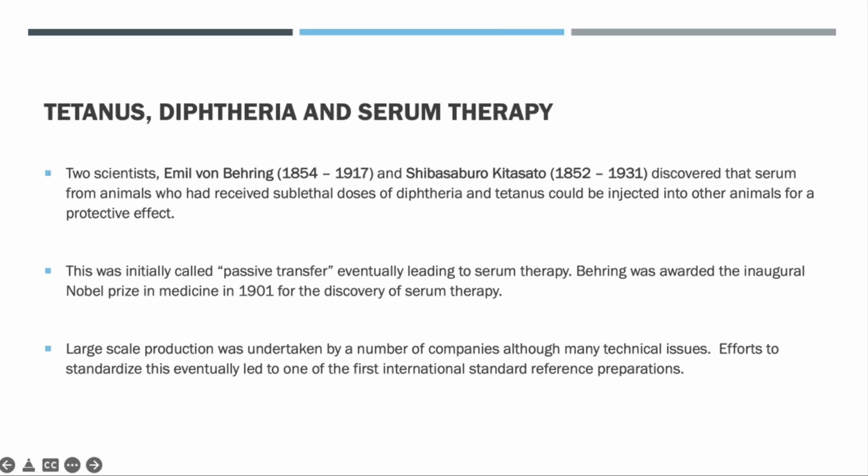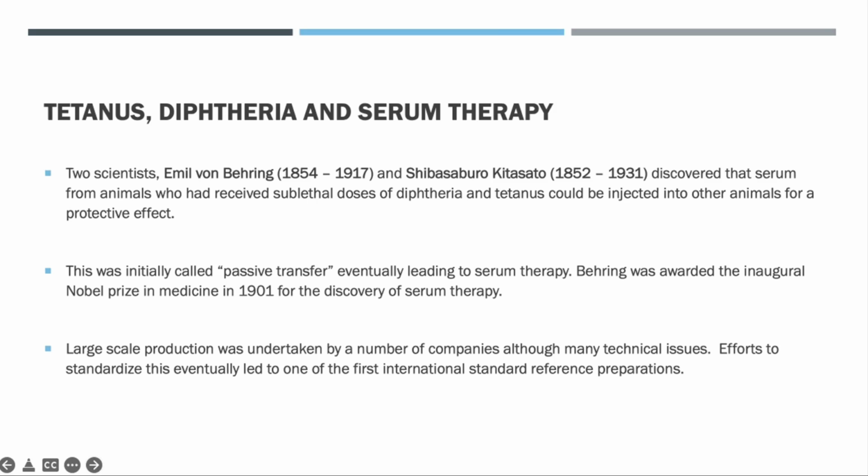He discovered that serum from animals who had received sublethal doses of both tetanus and diphtheria could be injected into other animals and create a protective effect. This was initially called passive transfer, eventually leading to serum therapy. What's notable is that this led to the inaugural Nobel Prize in 1901, for the discovery of serum therapy.